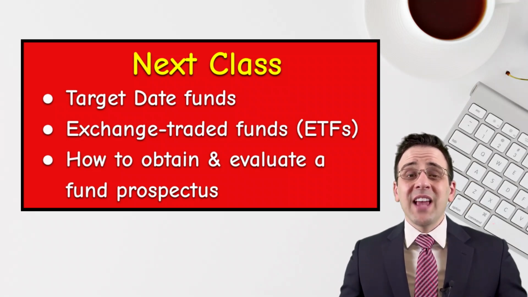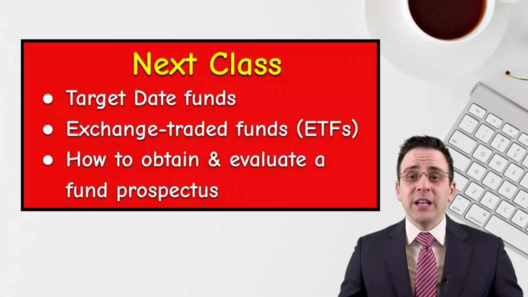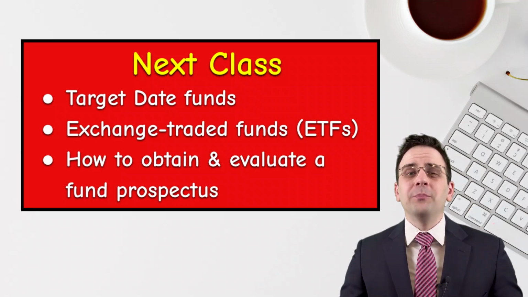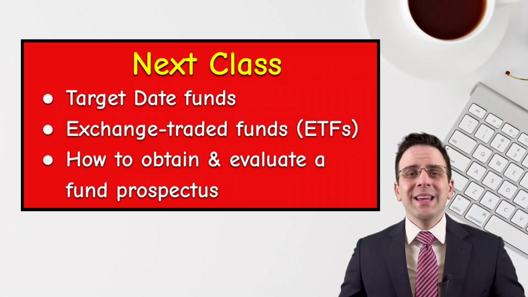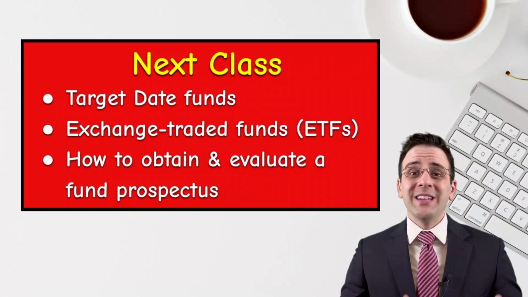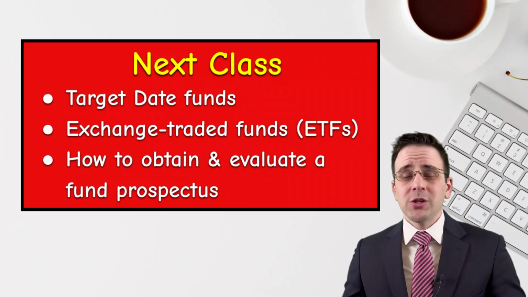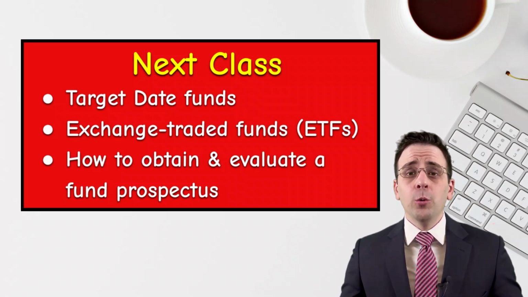We'll discuss exactly what these funds are, what they are used for, and how they fit in with this lesson. Lastly, we'll teach you how to obtain and evaluate a fund prospectus, which is a document that summarizes what a particular fund is, how it's managed, and much more information you might want to know as a potential investor.